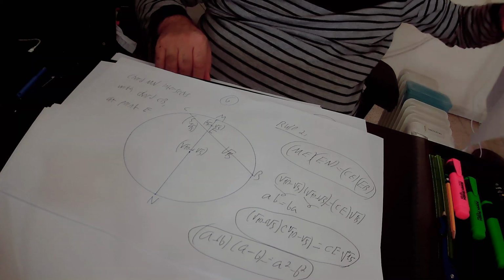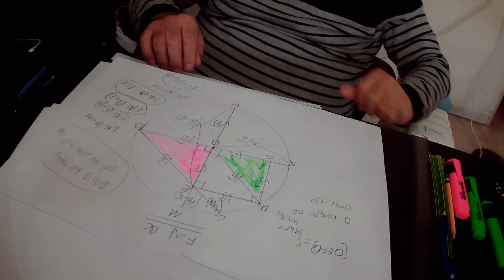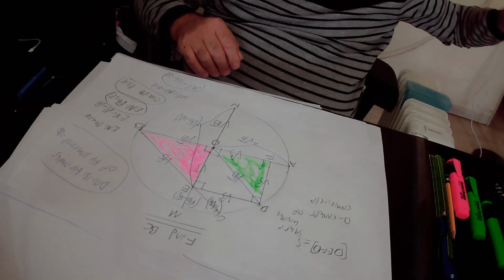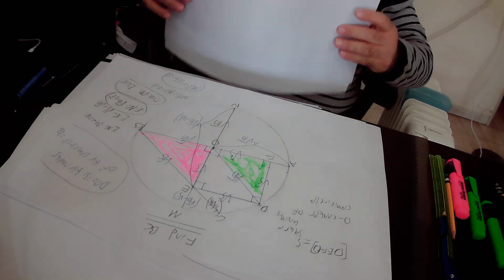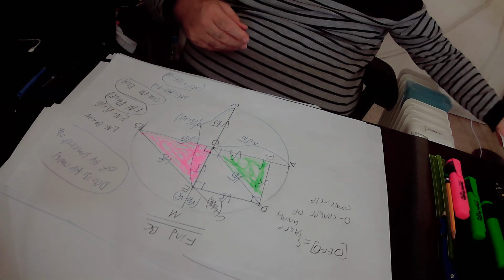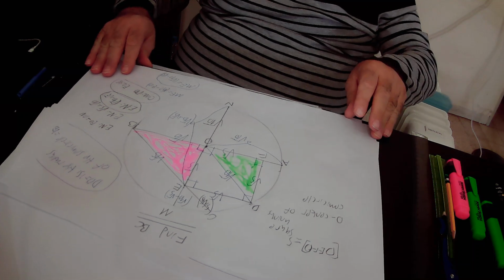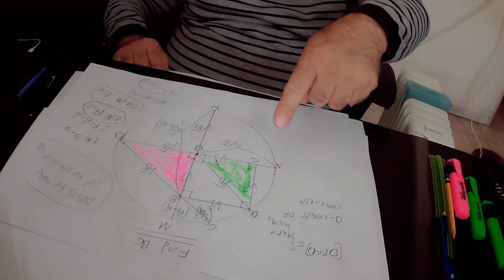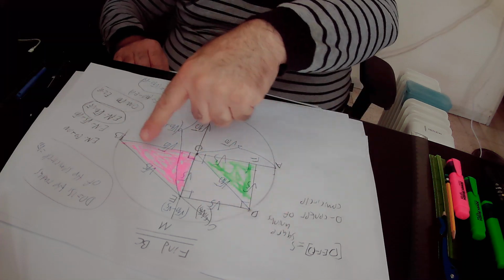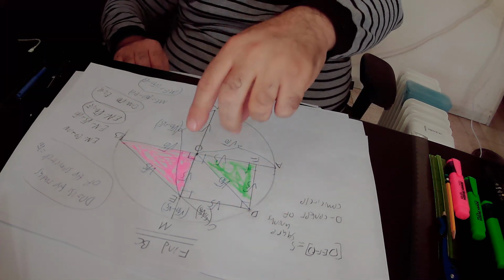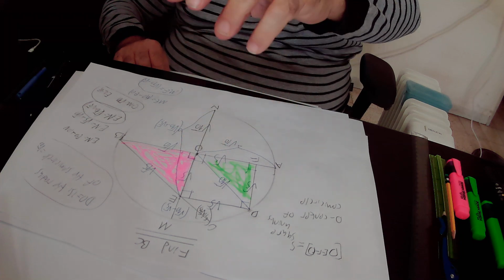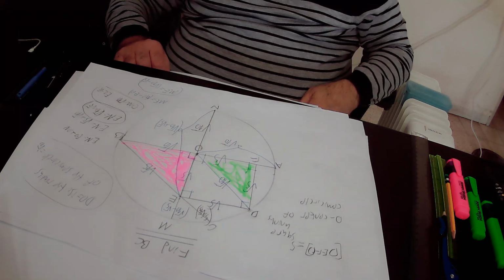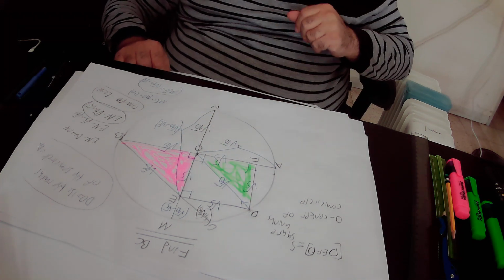Because in our drawing we have chord MN that intersects with chord CB at point E. The intersection point of the two chords is at point E. Therefore we can implement rule number 2.